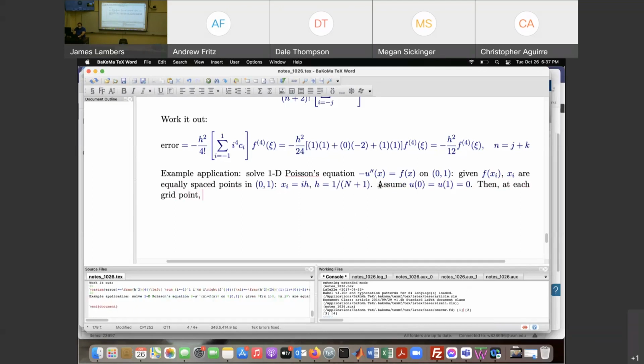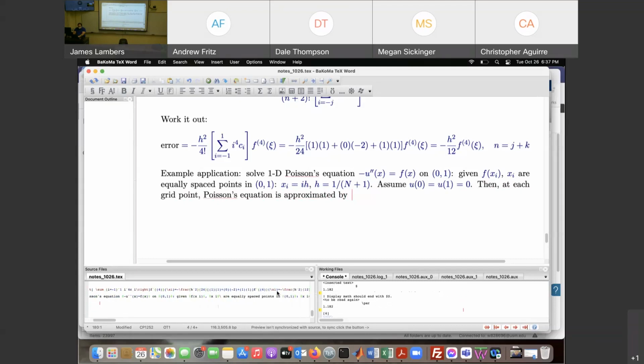The ODE, or Poisson's equation, talks about the following, at grid points x_i.